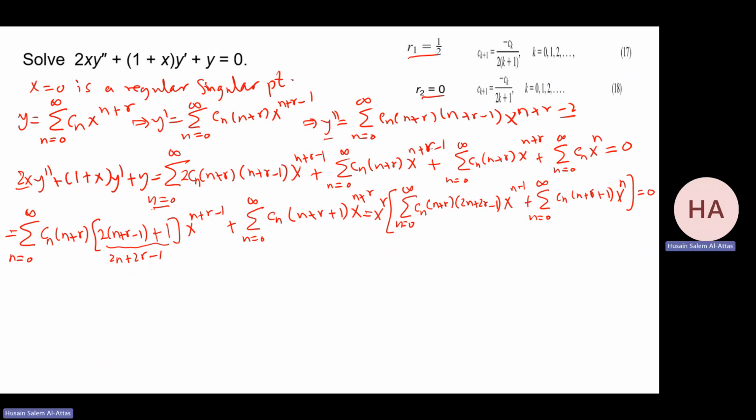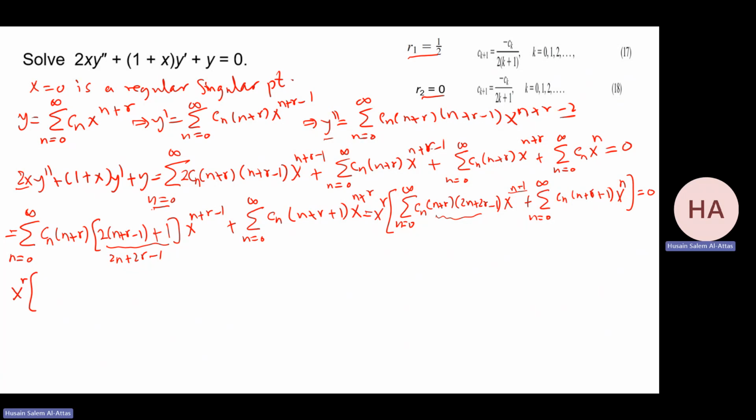Now I notice, as I said before, that the power here starts from minus 1, and here the power starts from 0. So I open the first one, the minus 1.